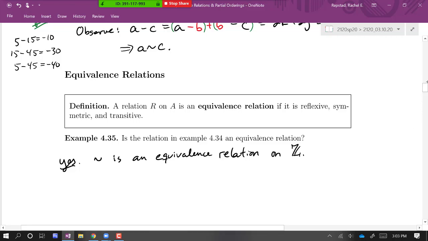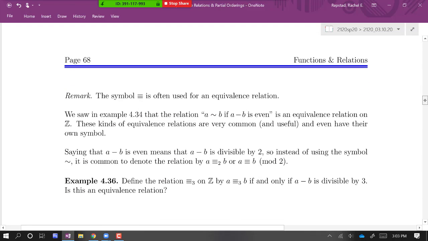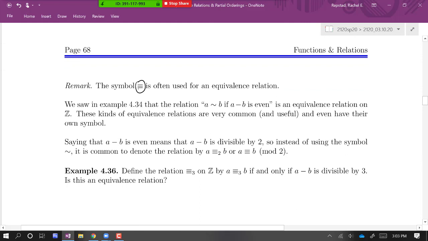For equivalence relations in particular, sometimes you'll see the little triple equals sign used as a symbol instead of a squiggle or a capital R or something. The one that we just worked with, saying A is related to B if A minus B is a multiple of 2, is a certain type of equivalence relation that we're actually going to work with more in chapters 5 and 6.